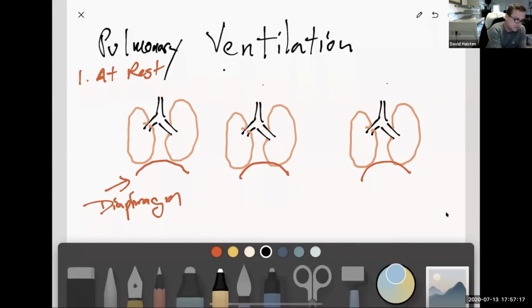Now let's suppose inhale. When you inhale, the diaphragm contracts, which means it gets flatter. Diaphragm contracts and it moves down.